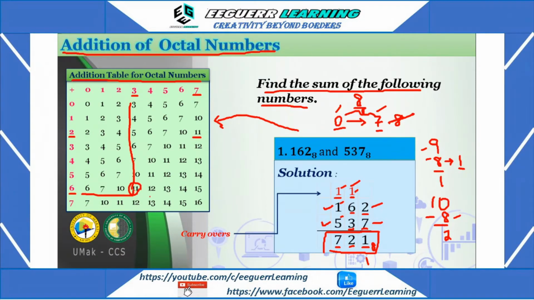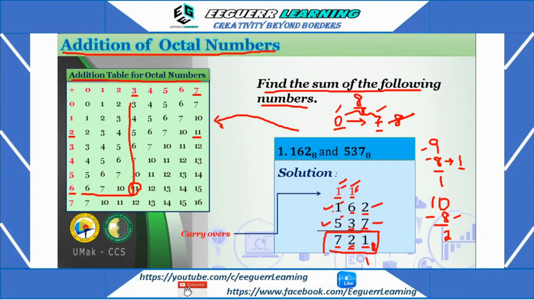So our answer is 11. 11 plus the carry 1 here will be 12. So 2 will be retained at the bottom, and 1 will be carried to the next line of octal addition. Okay, let us continue.